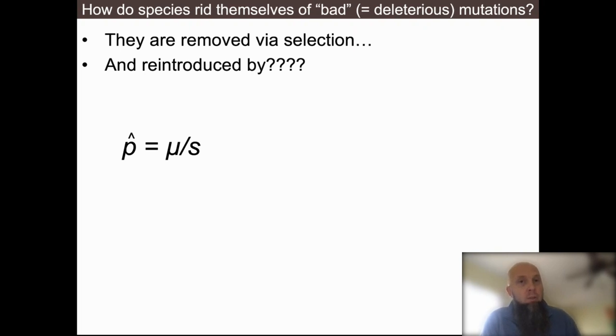Now, if the mutation rate's really high and the strength of selection against it isn't that high, then you're going to have a pretty high number here, right? If that numerator is much higher than the denominator, you're going to have a pretty high frequency of this allele. Conversely, if the mutation rate's really low and selection is really high, you're going to have a small numerator, a large denominator, and that frequency of that allele is going to be really low, okay?